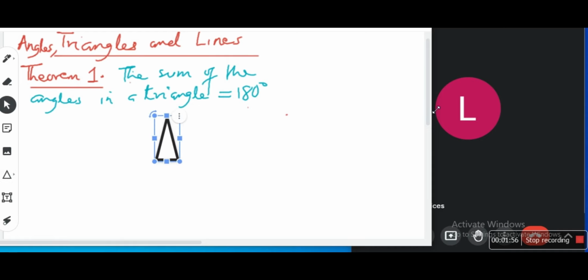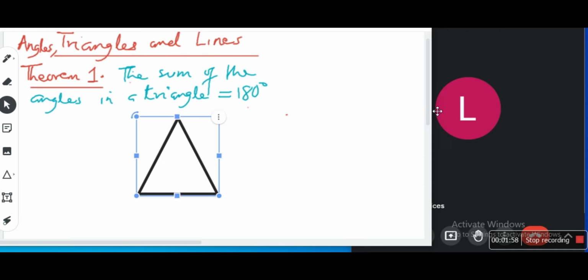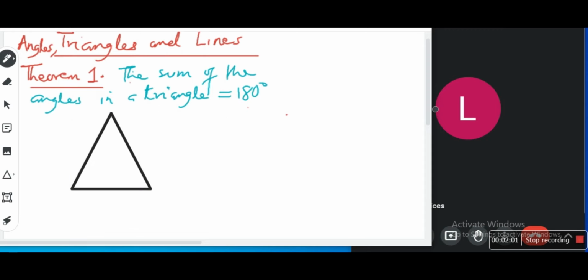If I have a triangle like this, with sides maybe A, B, and C. When you add the angles inside the triangle, you get 180 degrees. So the sum of the angles inside a triangle is equal to 180 degrees. So A plus B plus C must give you 180 degrees.